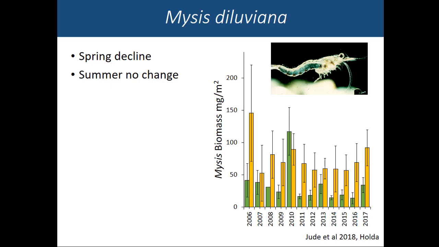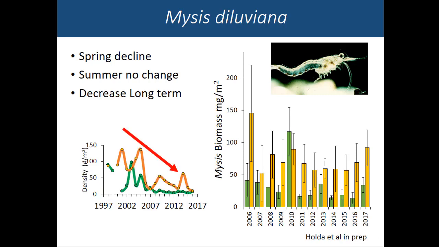I don't have this kind of mysid-specific data back in time. I only have that if we use the zooplankton net data, which is questionable. But if you do that, you have a long-term decline, and you have that change point around 2005.